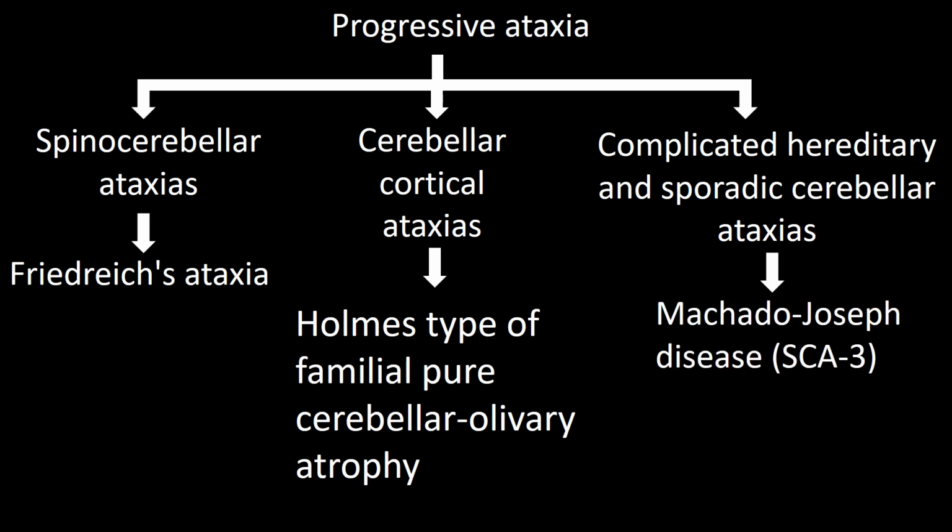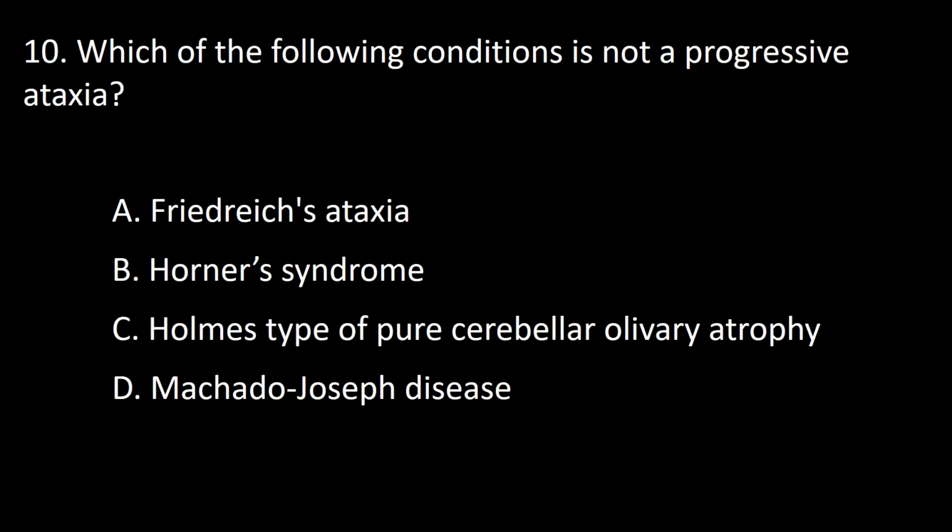In this group, we will mention Machado-Joseph disease. The diagnosis of a specific type of progressive ataxia relies on genetic testing. Usually there are panels that we can order when we suspect a specific type of progressive ataxia. So the answer to this question is B.